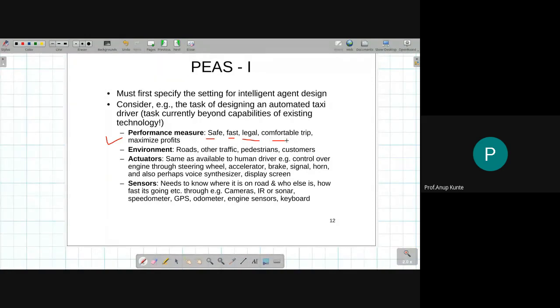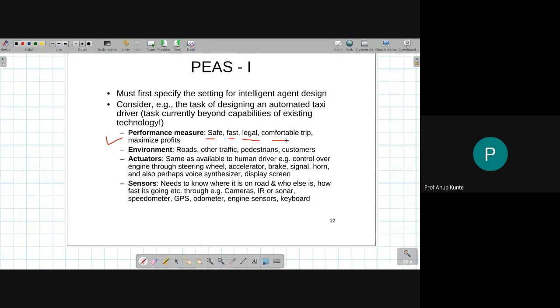In a generic sense, if I take the autonomous taxi example, then my actuators would be the engine control, the control software that is controlling the engine, then the steering wheel control, accelerators, brakes, signals, horns. These are all different types of actuators which act on the environment.